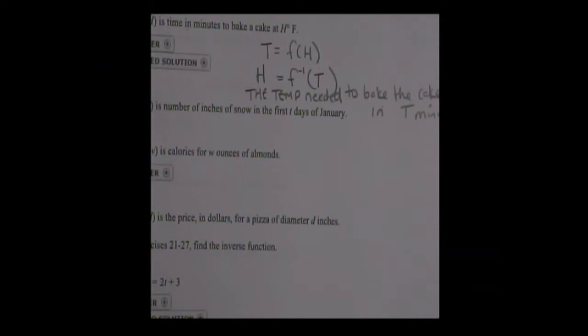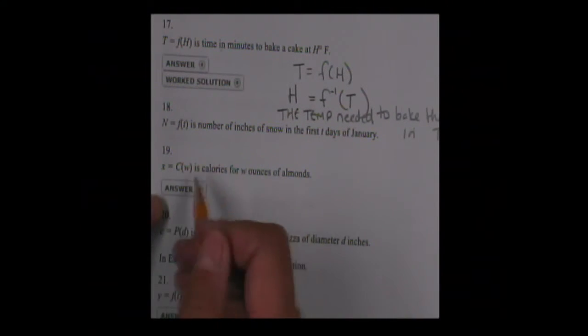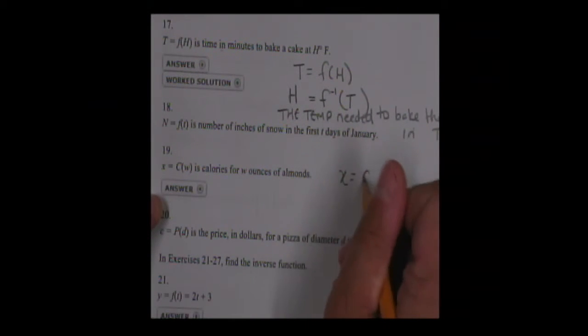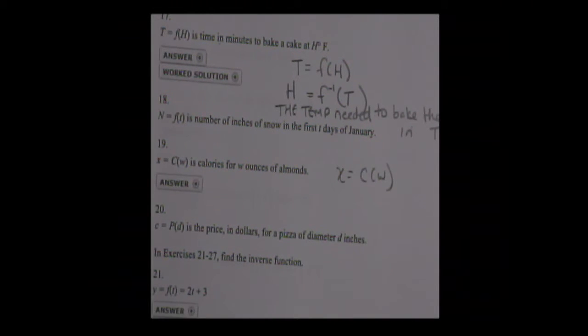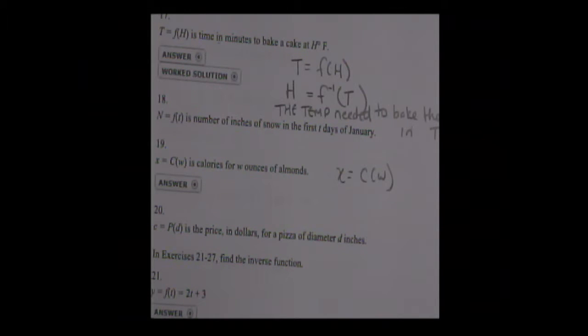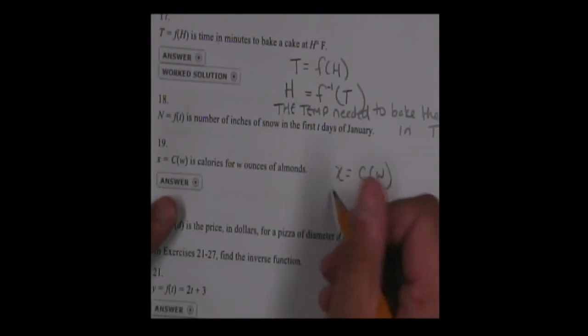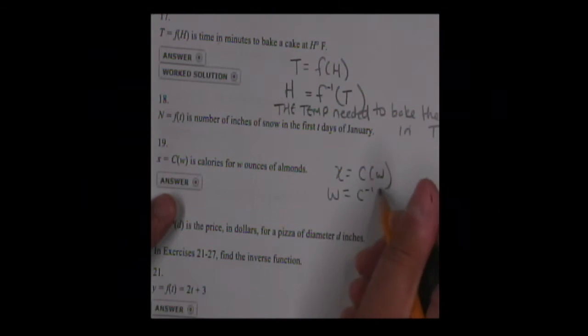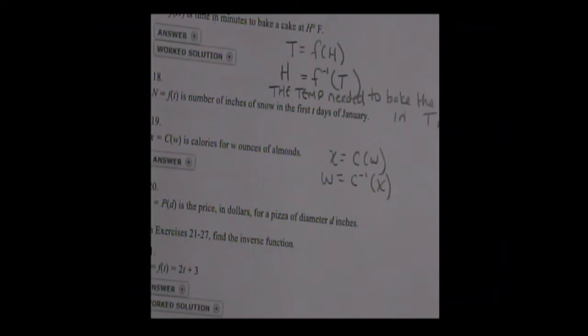So if I did something similar on 19, if I start with x equals c of w, what would the inverse notation look like? W is the inverse, yep, of x. So W is C inverse of x.